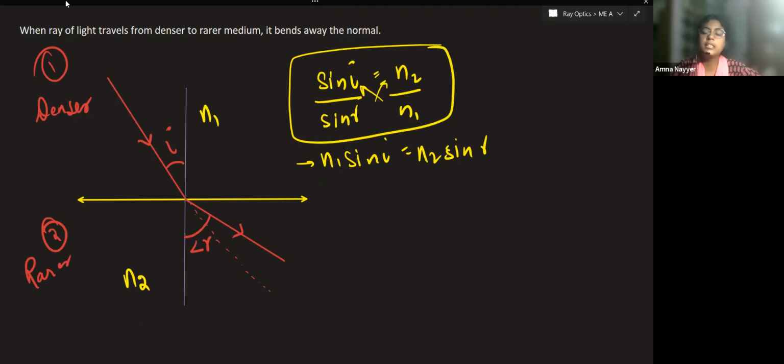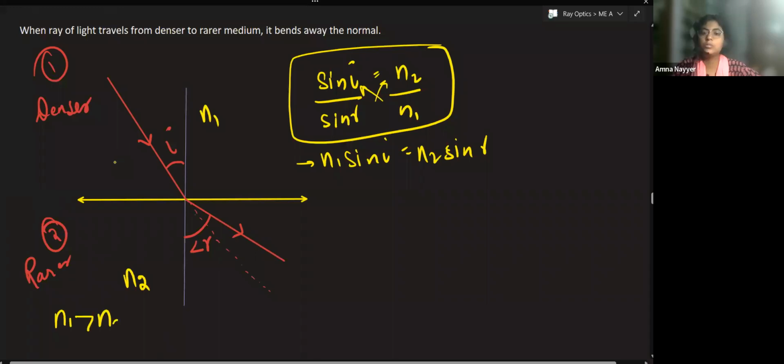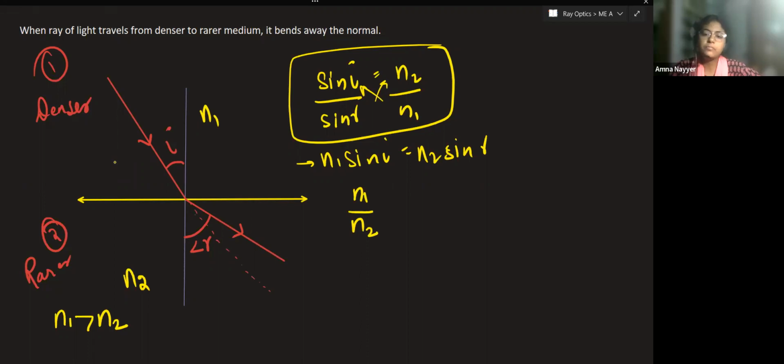Now here you can easily say that n1 will now be greater than n2. So n1 by n2 will be greater than 1 because n1 is greater than n2 this time. It means we can say n2 by n1 will be less than 1.